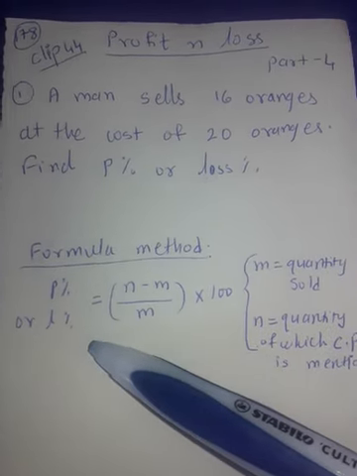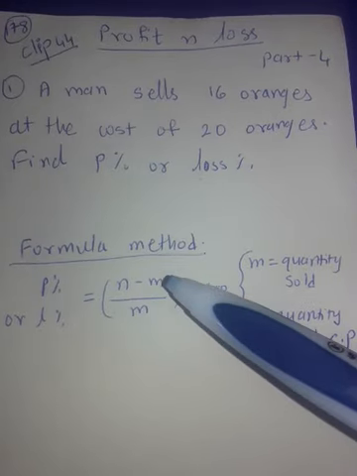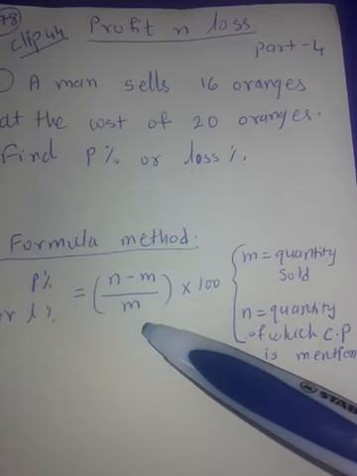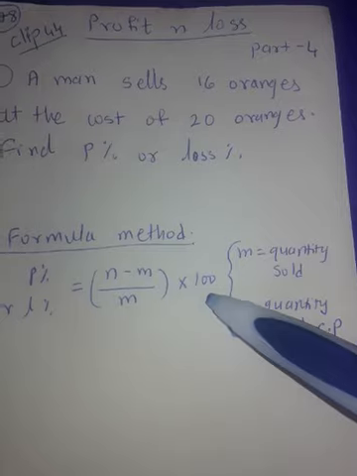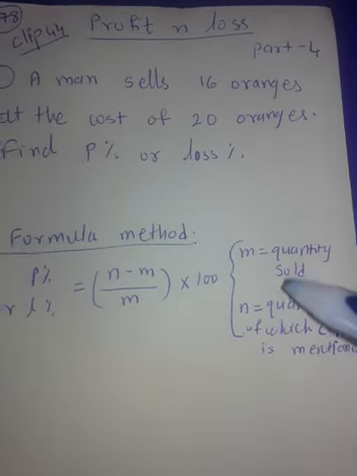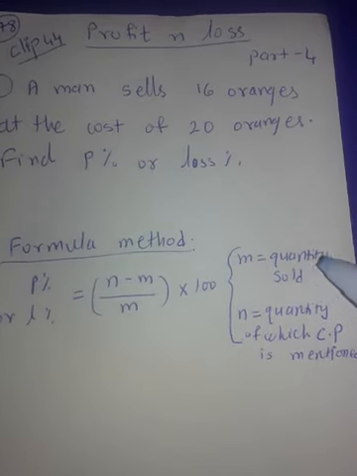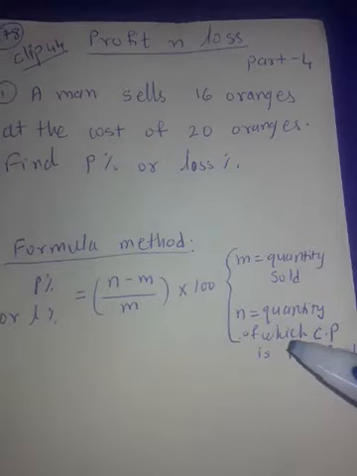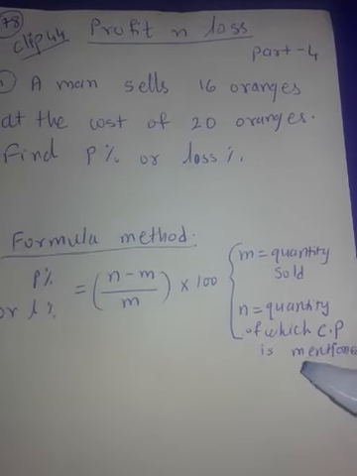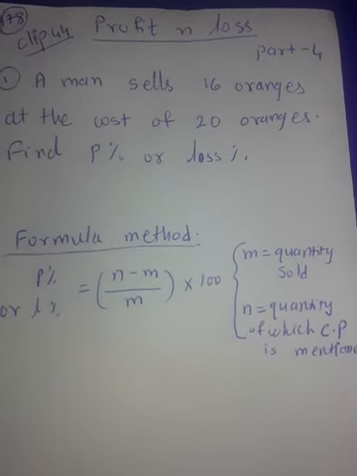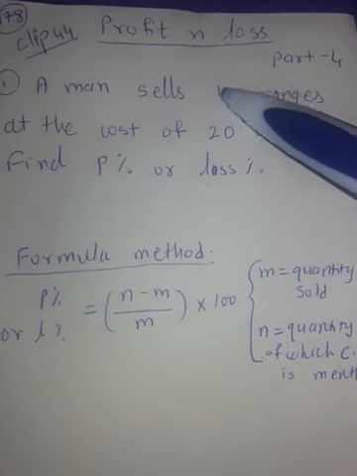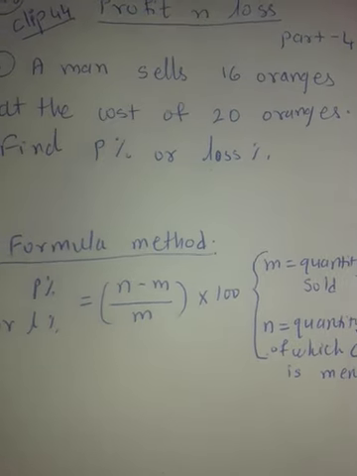Profit percent or loss percent is equal to (n minus m) upon m, multiplied by 100. And what are these m and n? M is the quantity sold and n is the quantity of which the cost price is mentioned. Let us apply this in this example.